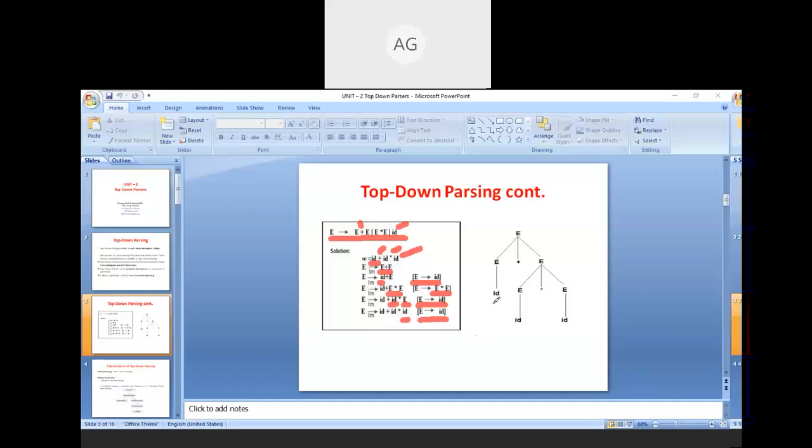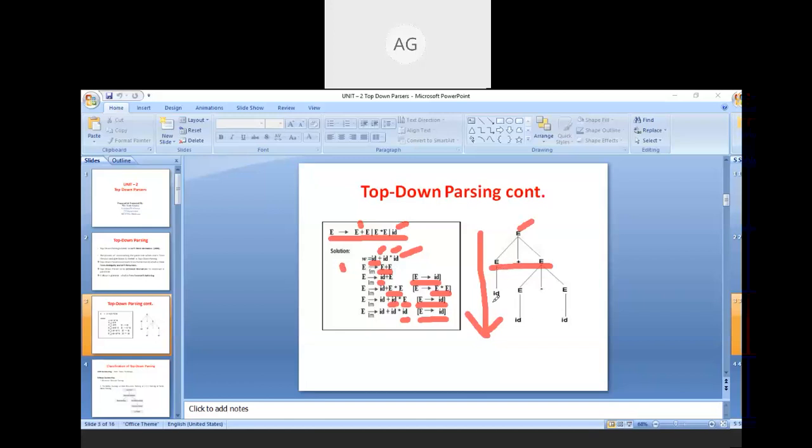This can also be shown by using the parse tree. As you can see here, we are adopting the top down approach. First this E is here, and then in the second step we have E plus E, and after that in the third step you can also number this here.